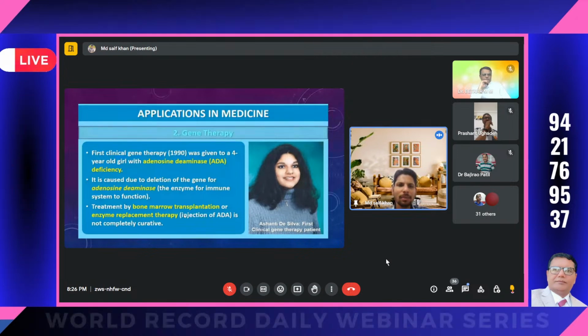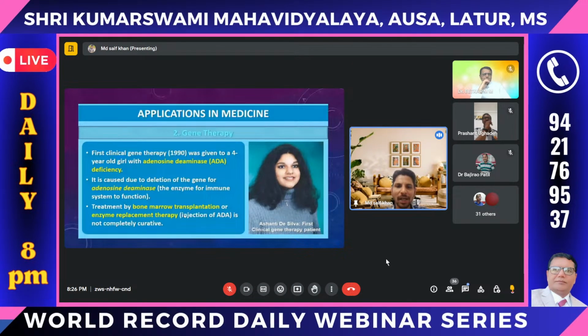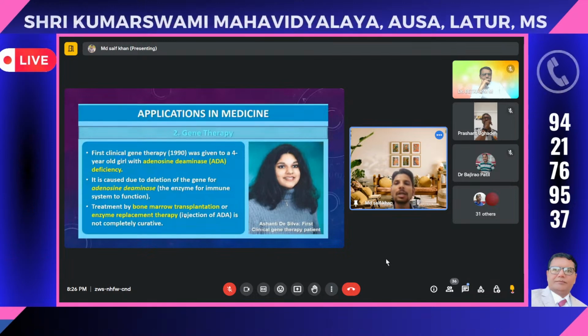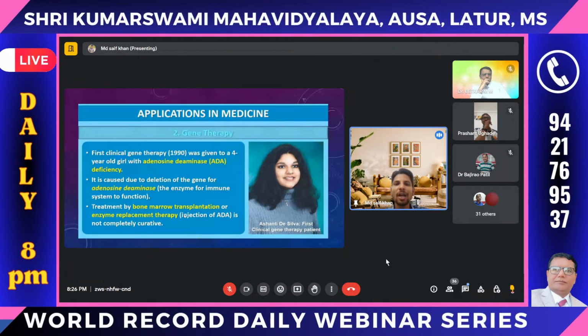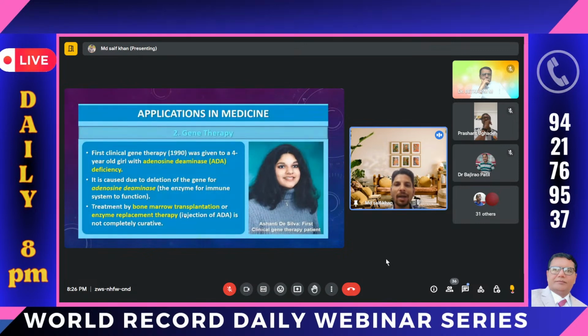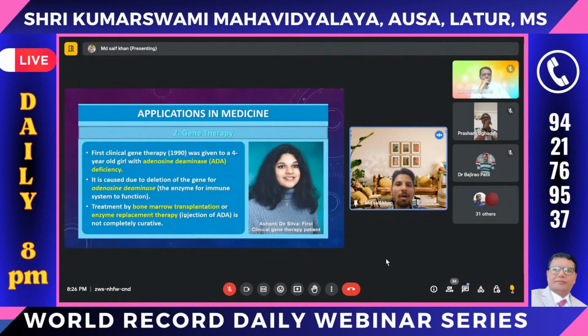The treatment is by bone marrow transplantation. In this gene therapy, they transplanted the bone marrow. Enzyme replacement therapy is another type of therapy to cure adenosine deaminase deficiency, that is, injection of adenosine deaminase, but it is not completely curative.